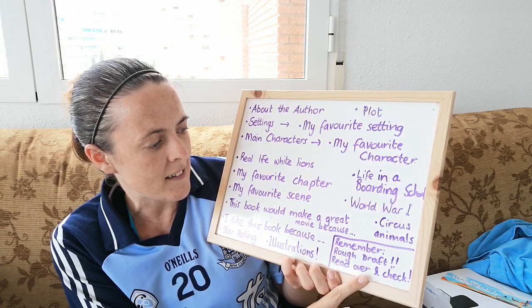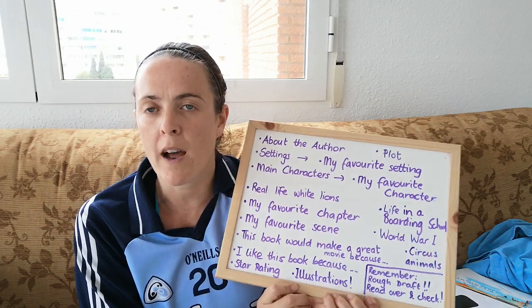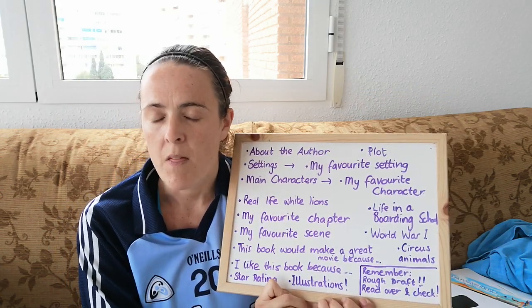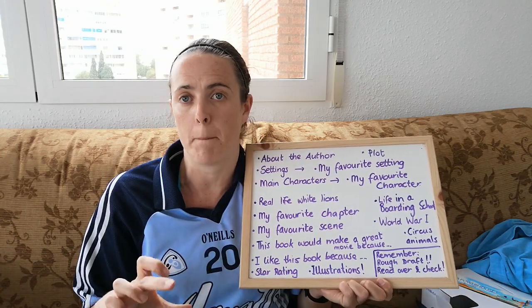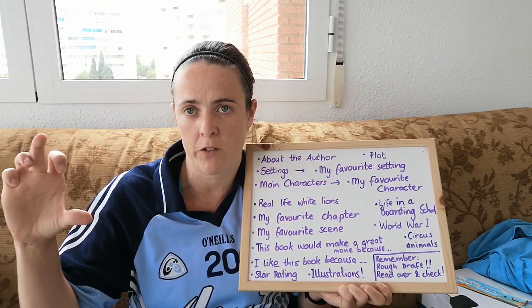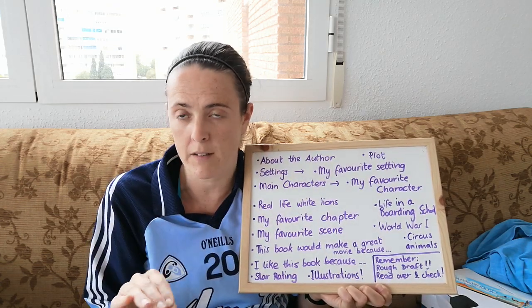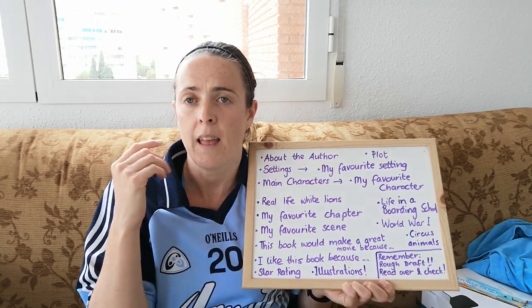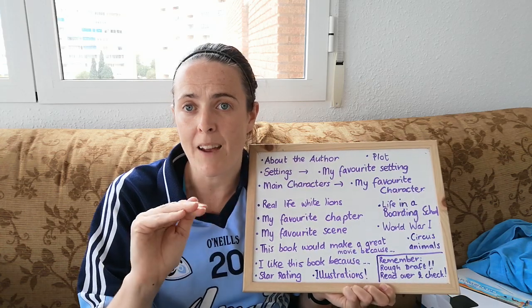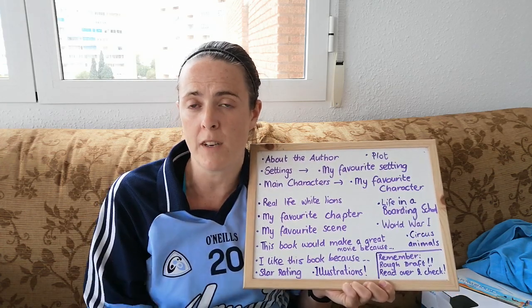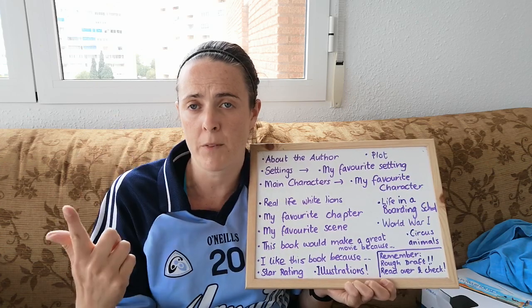And down here I said, remember, do a rough draft. That means when you're going to do, for example, my favorite character, write it out. Okay, so just write it out as you think it. Then read over it. Read every little bit. Make sure you've included full stops, capital letters.